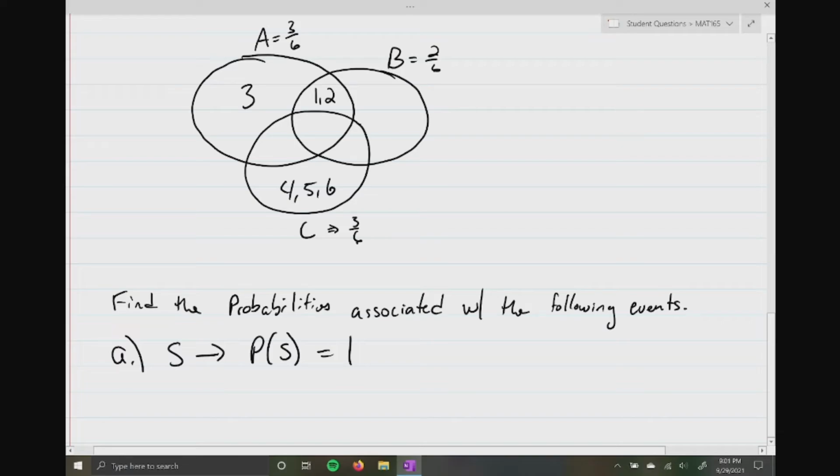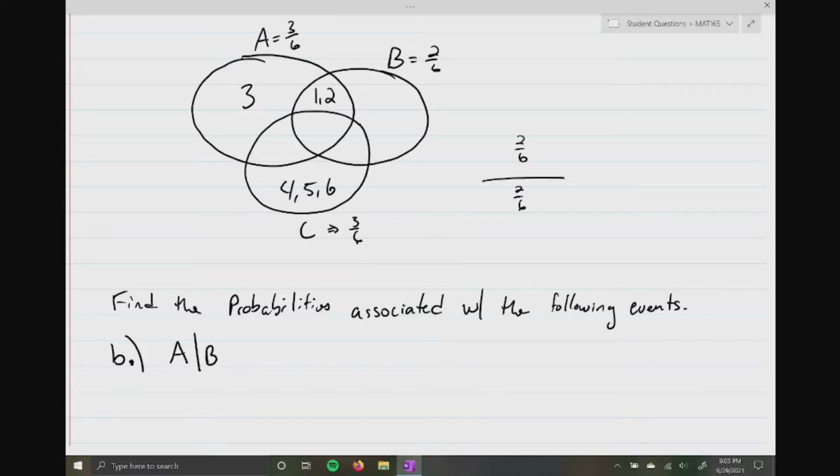Okay? Now I'm going to erase because we're going to do part B now. All right, so part B. What is it, part B? Oh, A intersection with B. So we have to refer back to the previous problem just to think about this.